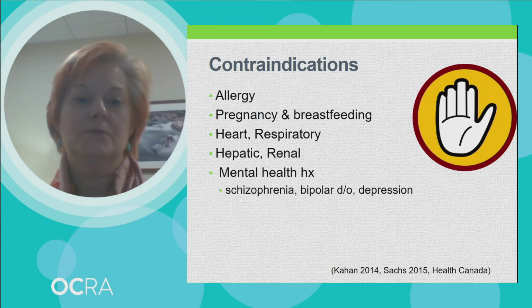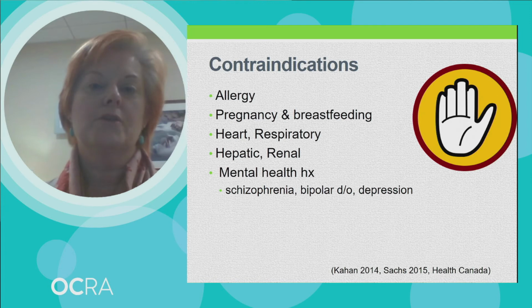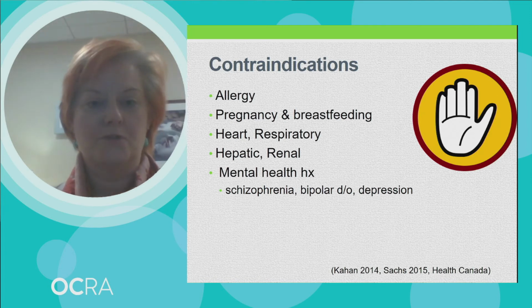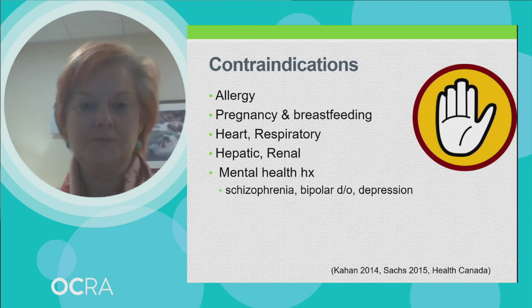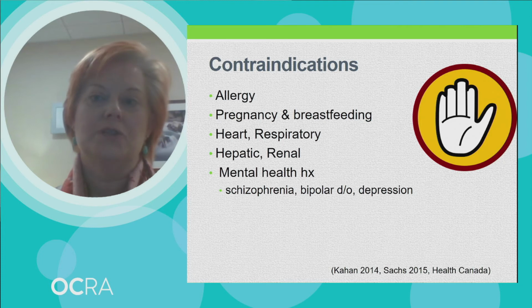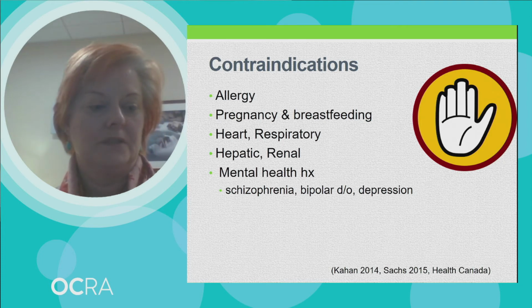Also, if you have liver or renal issues. And then for any mental health history in the family or for yourself, if you have a history of schizophrenia in your family or for yourself, bipolar disorder or depression, cannabis could potentially make those situations worse as well. So you want to really probably not consider using cannabis in those situations.